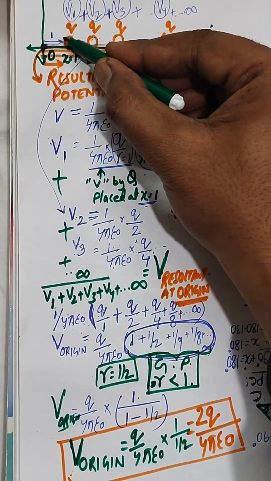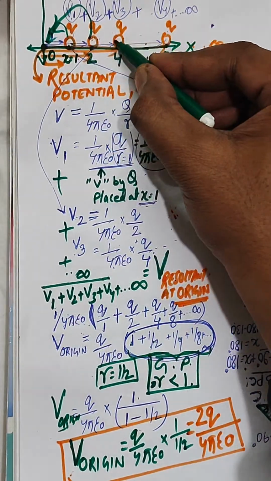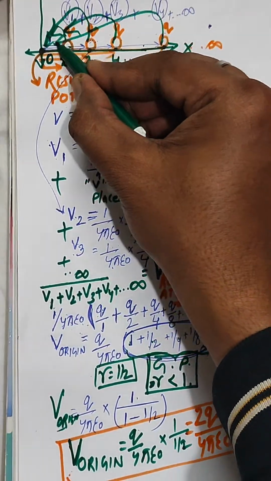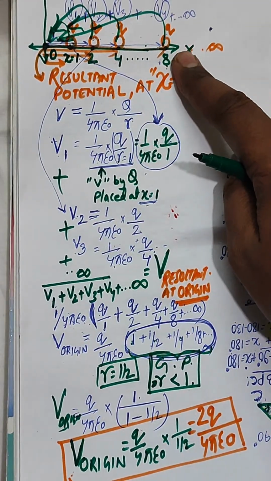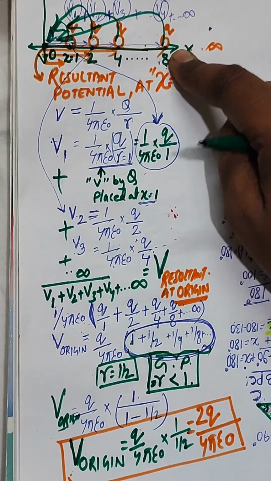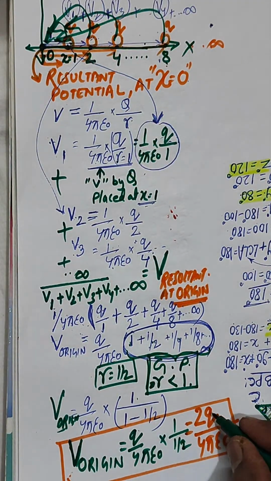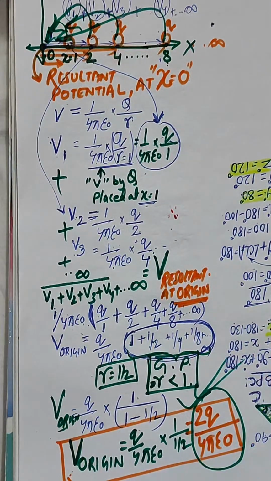The first charge is creating some, the second, third and fourth are also creating some at origin. That was required to be calculated, and our answer is 2q divided by 4 pi epsilon 0, my dear friends.